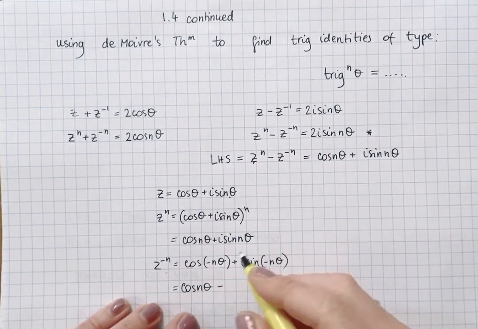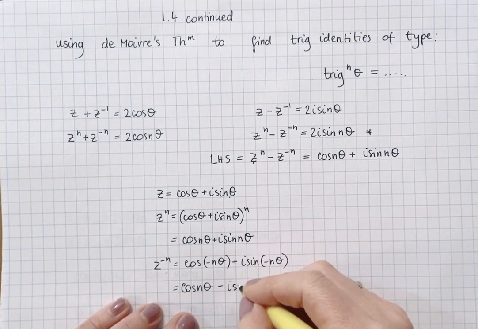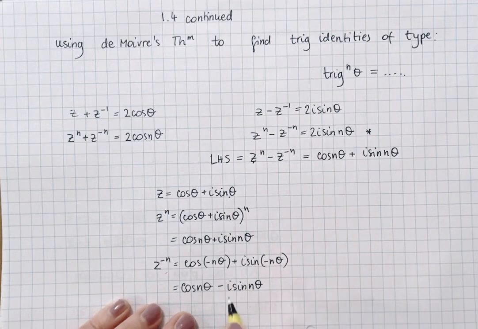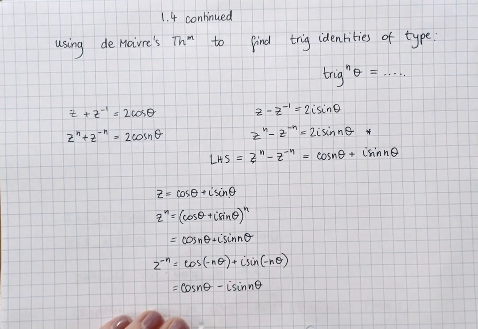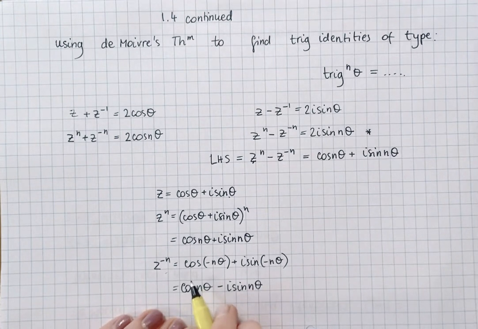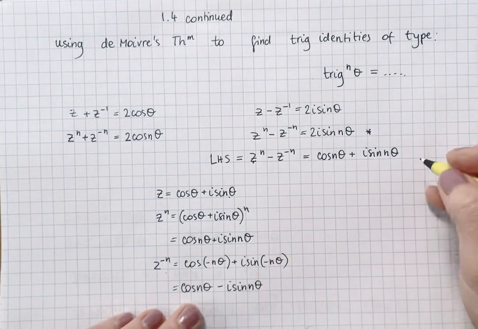And obviously, this is the complex conjugate: just take that minus in front of sine, as sine is an odd function while cos is an even function, so cos n theta and cos minus n theta are equal. Let's carry on substituting.